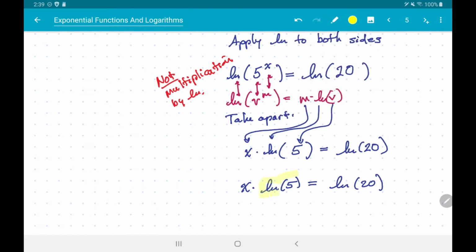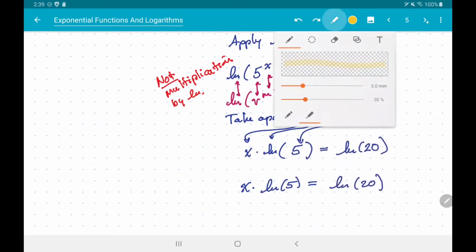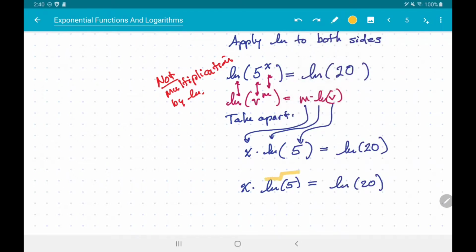Again, ln is a function. I think I like the orange better, and let me make this a little thinner, a little darker. ln is a function, and we are applying it.